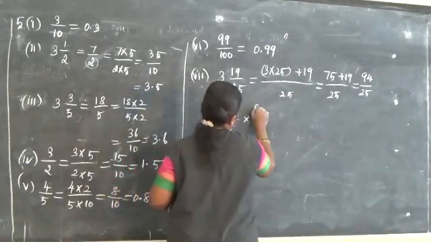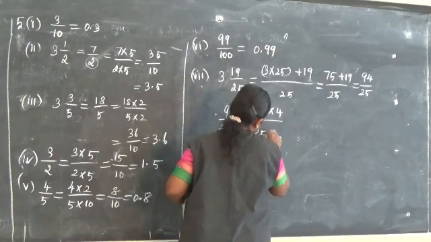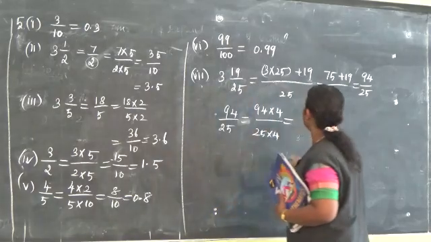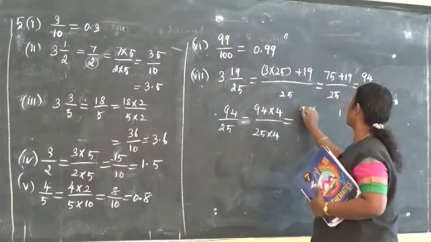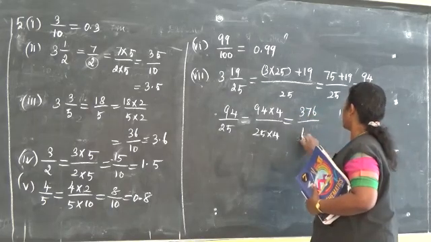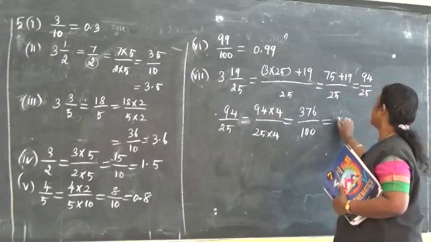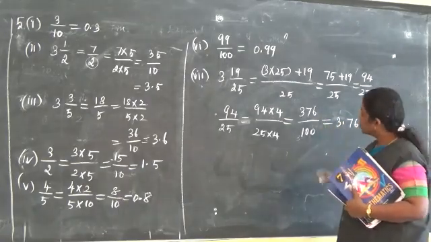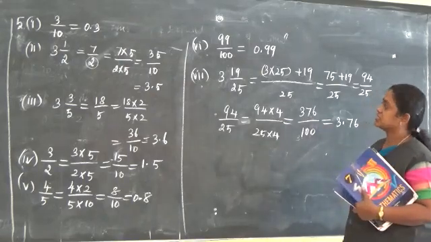You should multiply with 4. Then only you will get 100. So 94 into 4, 4 4s are 16, 9 4s are 36 plus 1, 37, here 100. Now easily we can write the decimal number. 3.76. You should move 2 decimal places to the left, that's why 3.76.